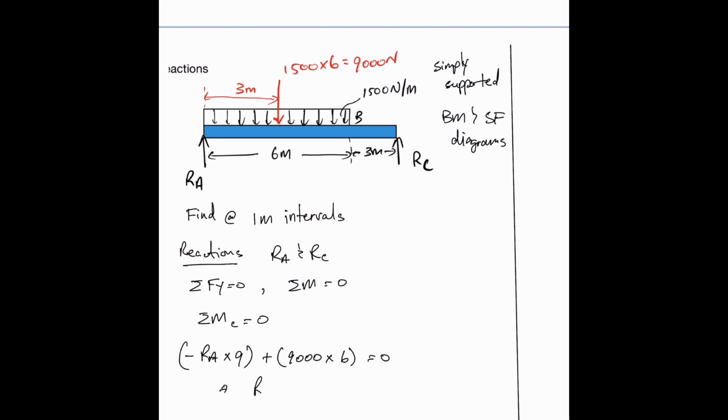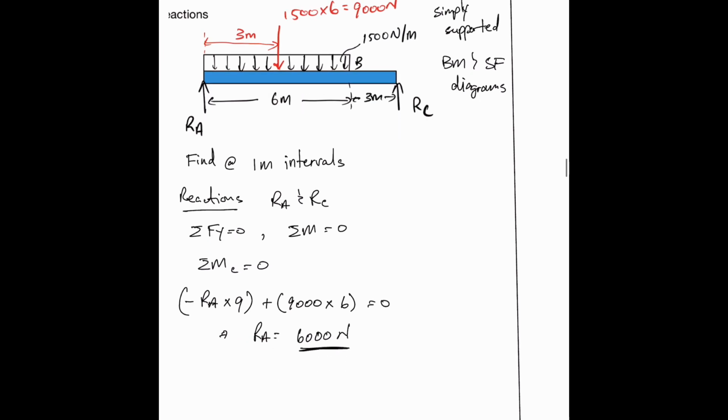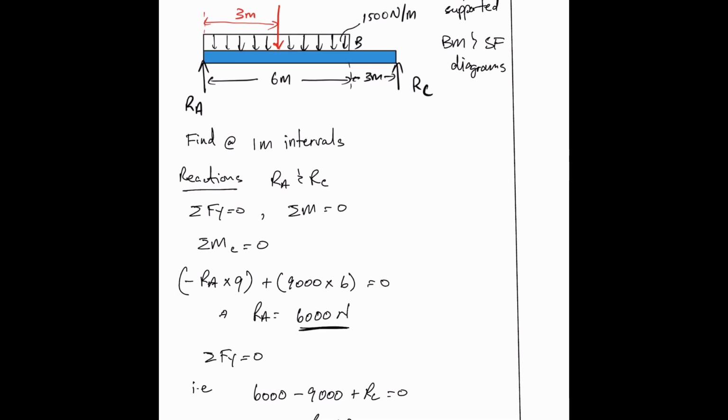Right, so this will give us RA is equal to 6,000. And then we could sum the forces. Right, so we have RA and RC.